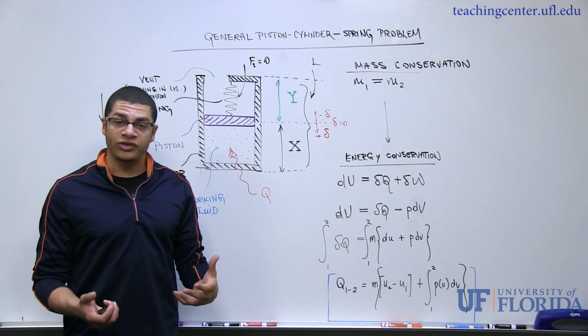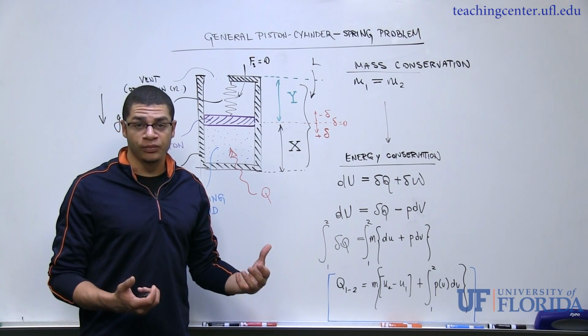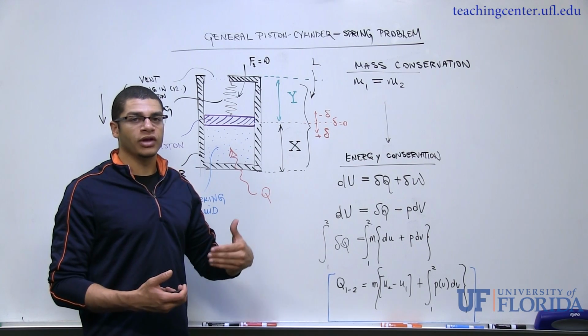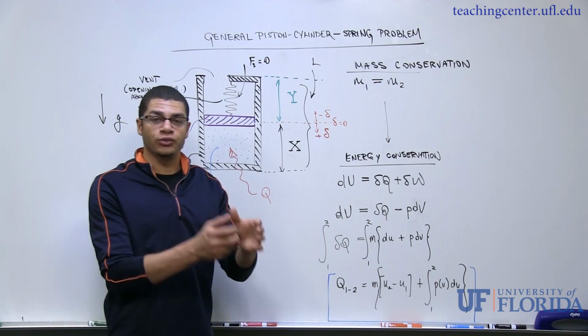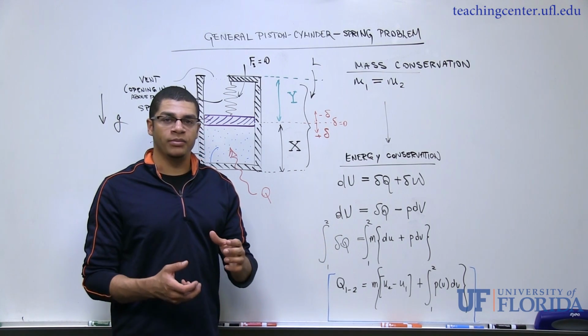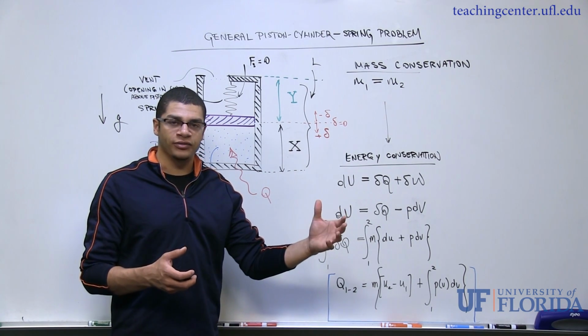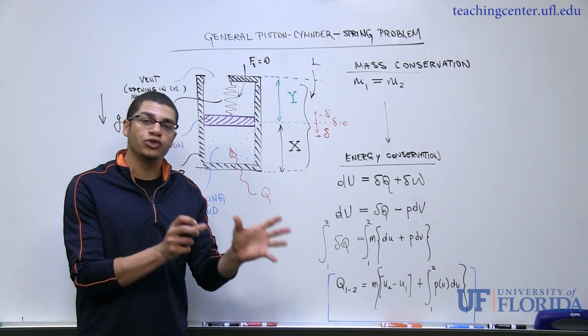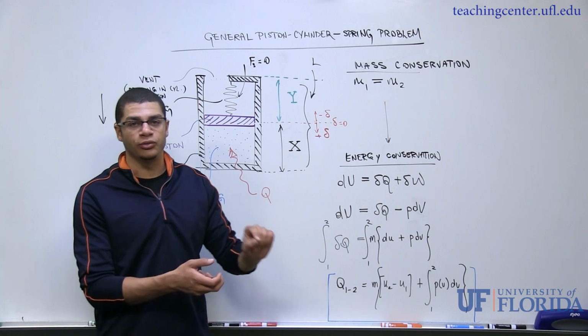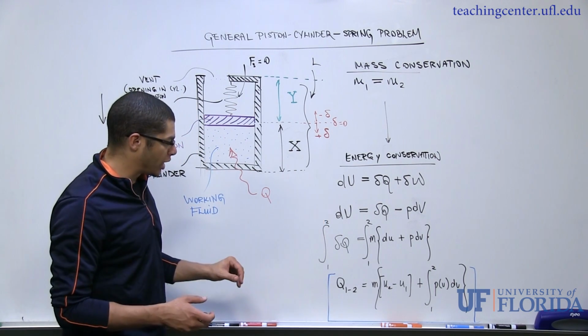And if there's more than one state in the problem, you can actually perform this integration sequentially. Say, if there's 3 states, we can go from 1 to 2, and then from 2 to 3. And these integrals are actually additive. So if I wanted to integrate from 1 to 3, I could actually just sum 2 integrals, between 1 and 2, and then from 2 to 3. So this analysis still applies.